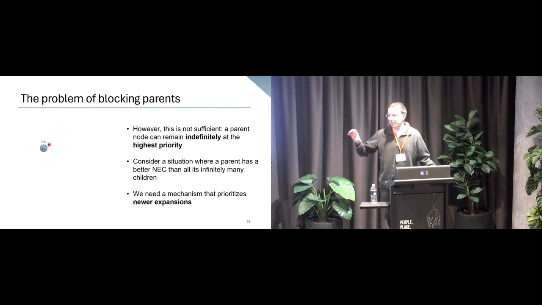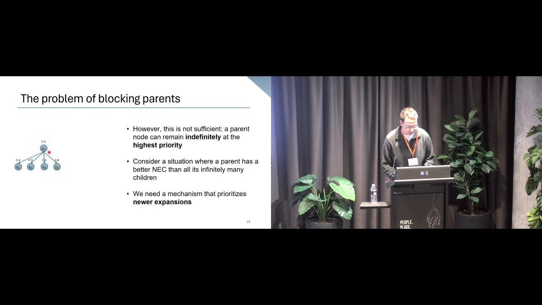But this node has infinitely many successors, but every successor has a worse value than the parent, okay? What would happen here is that we try to sample successors indefinitely, but since the parent has a better value than all of the infinitely many successors, the parent would always be the first in priority, right, in the search. So what do we do here?